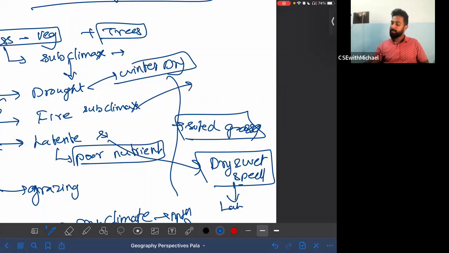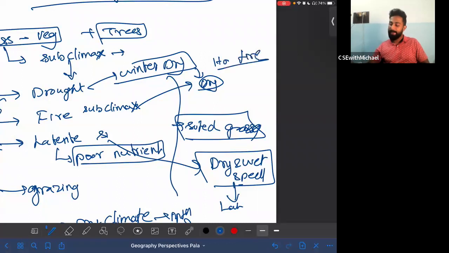As far as fire is concerned, the dry period is winter, but winter is not necessarily winter per se. You don't have a winter season there. You have summer all around the year because it's a tropical part. So temperature is high, but rainfall is very limited. Now, when temperature is high and rainfall is very limited, the conditions are dry. The plants would be dry, and there is high probability of fire.